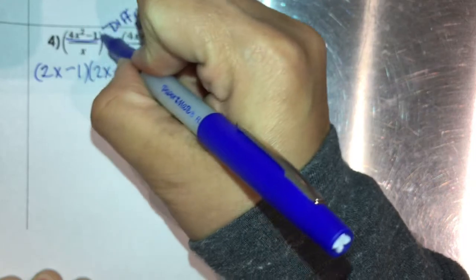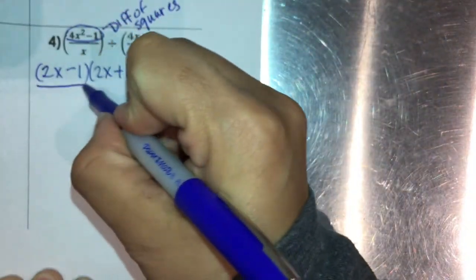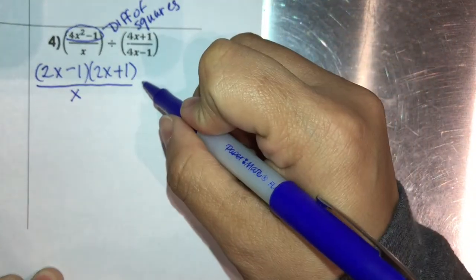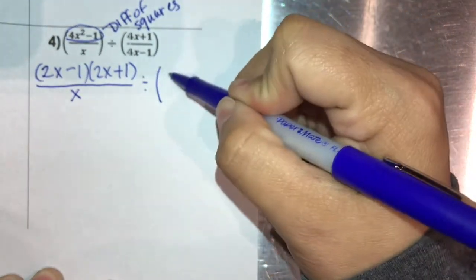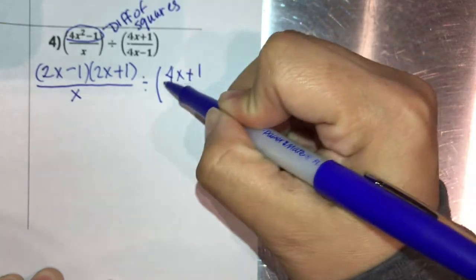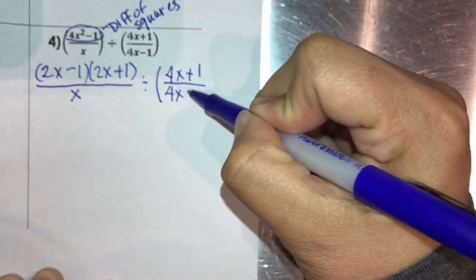That's what the numerator is, divided by x. All of that is divided by an expression where I cannot simplify anything, so let's just rewrite what we have.